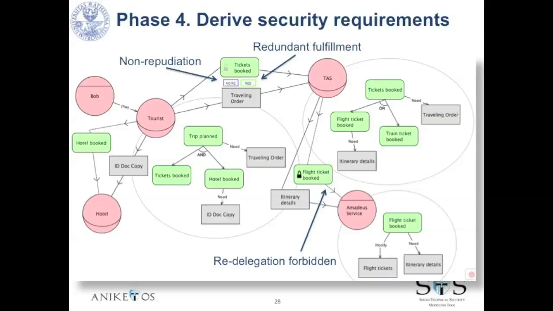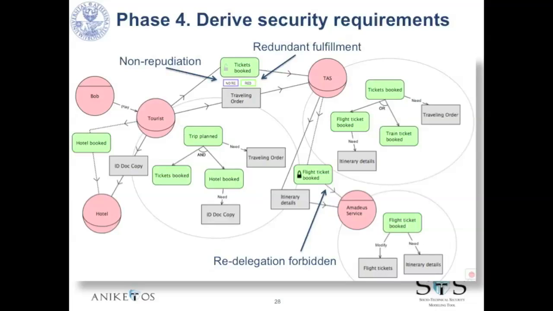As I said, the security requirements are strictly related to the interactions that one has. And since we express security needs over delegations and authorizations, the main sources of security requirements are those where the security needs are specified. So when the tourist is specifying non-repudiation over its delegation of tickets booked to TAS, it expects TAS to make a commitment on tickets booked for non-repudiating the delegation of tickets booked from the tourist.